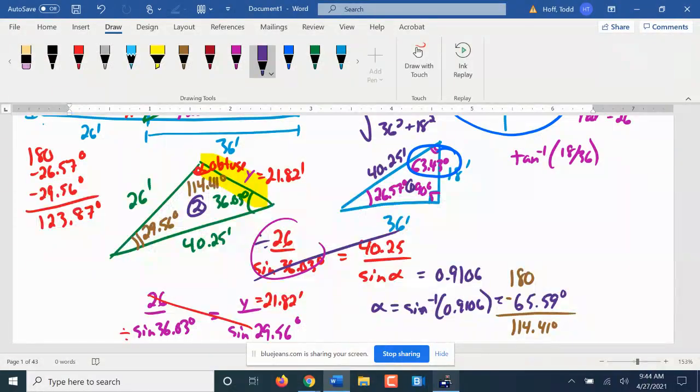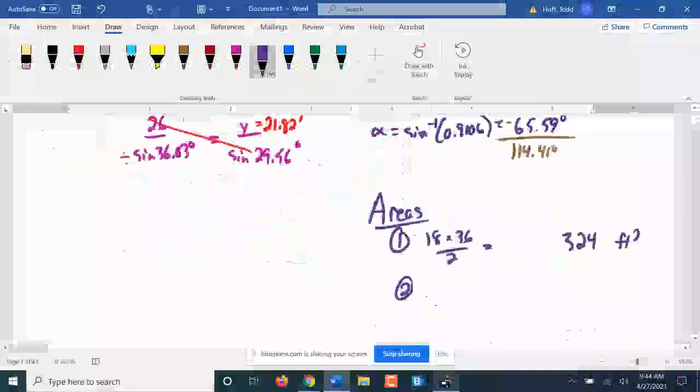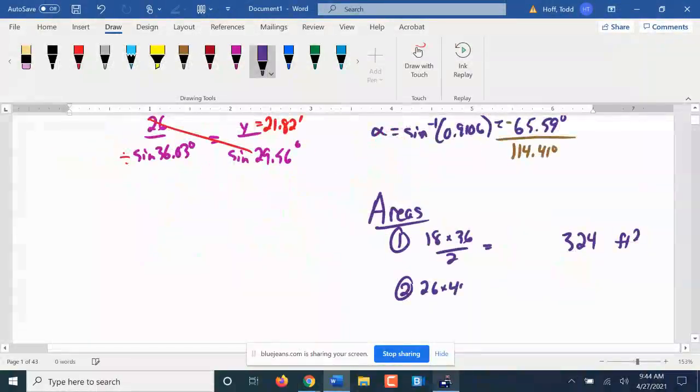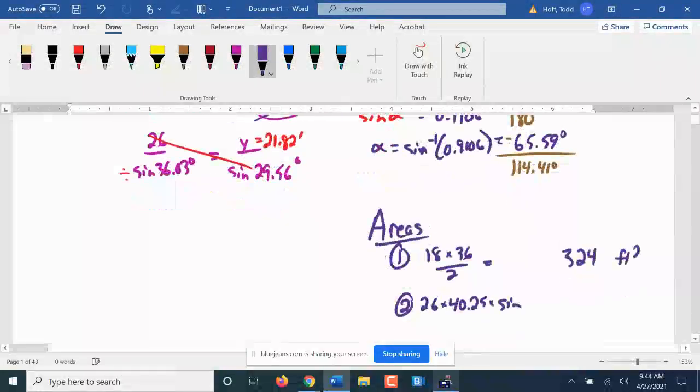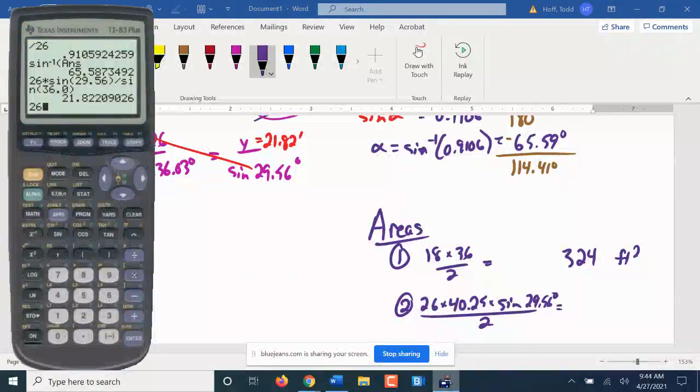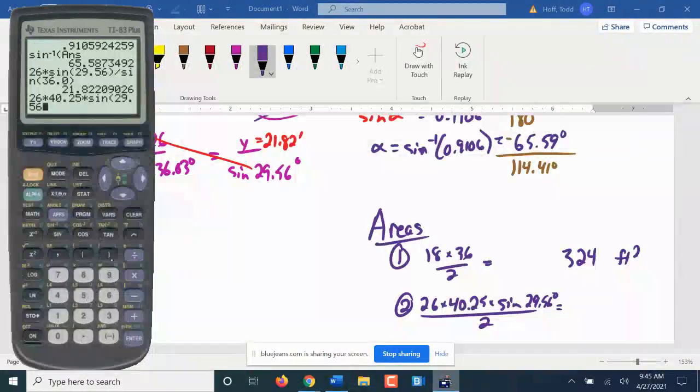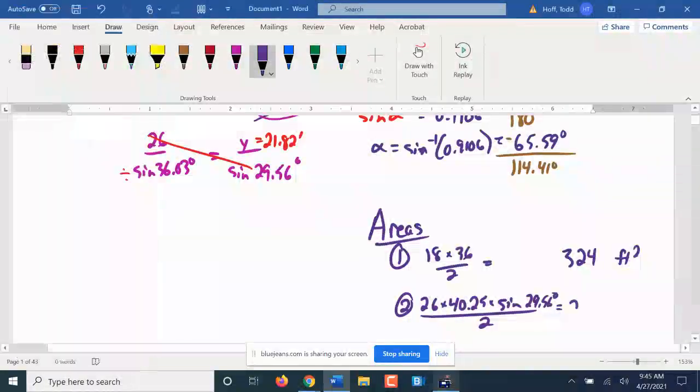Remember, we've got that trig area formula for triangles, so we can do the two sides, the 26 times the 40.25 times the sine of the angle in between them. 26 times 40.25 times the sine of 29.56, and of course, that is still over 2 because it is still a triangle. So divide by 2. 258.14 square feet.